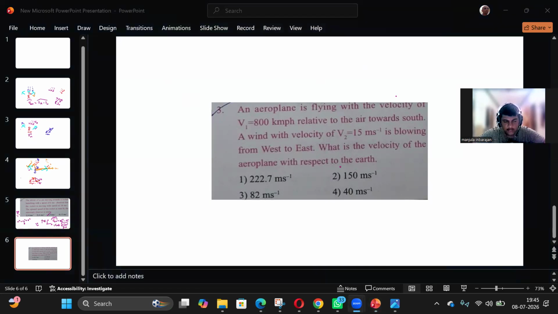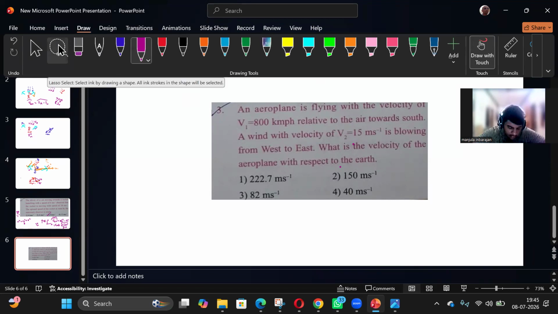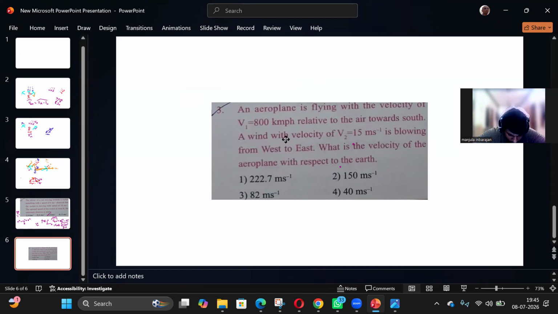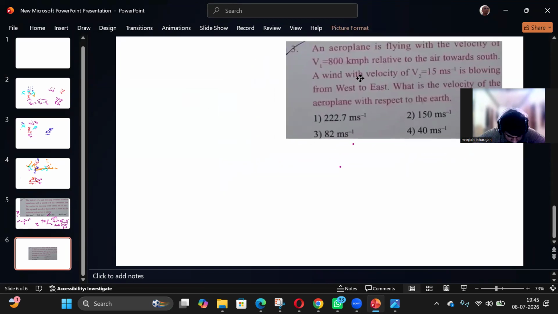Sir, the kilometers per hour given can be converted into meters per second? Yes, that you can do, or we can convert the 15 into kilometers per hour. That you do in the end. Get the answers in meters per second, so it's better to convert to meters per second. The options are in meters per second, no? So convert to meters per second.